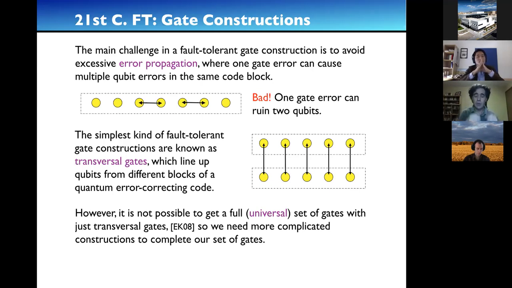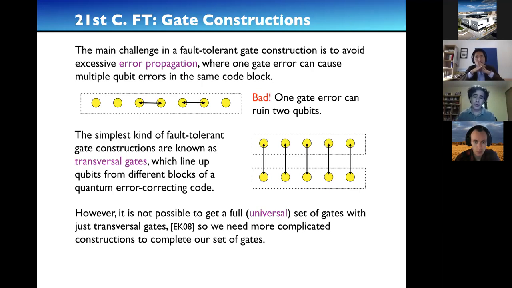That means that even if we just had a single error on a single qubit, after we do a sequence of gates, that error can spread to infect more and more of the computer. And if we're not careful, it can infect a lot of different qubits before we're able to deal with it. Maybe more qubits than our error correcting code can handle. So that would be a big problem.